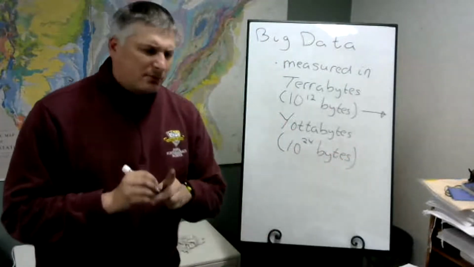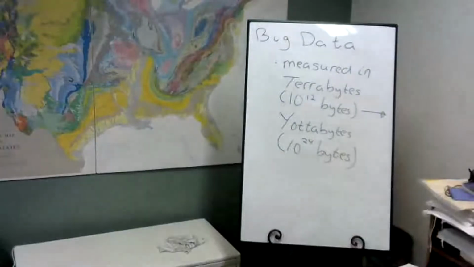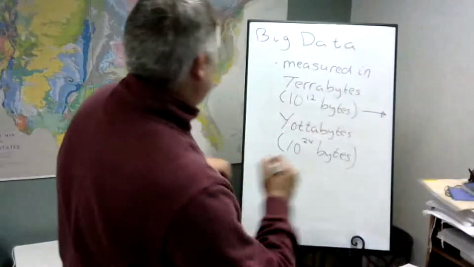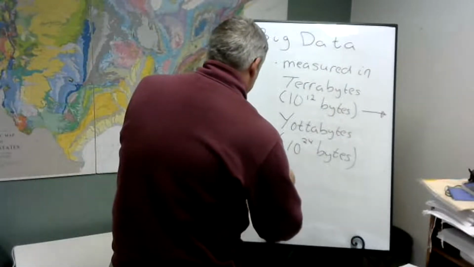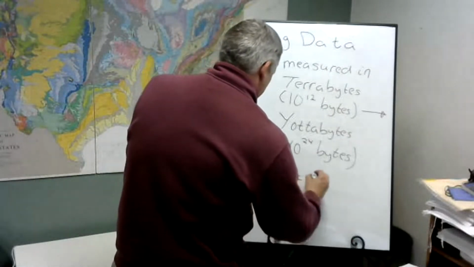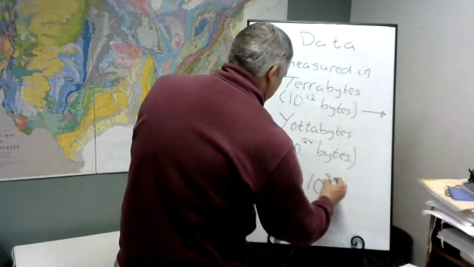Now let me look something up real quick here, since it did come up. Let's see what gigabytes is a power of 10. It's a billion bytes. So for reference, 1 gigabyte is 10 to the 9 bytes.